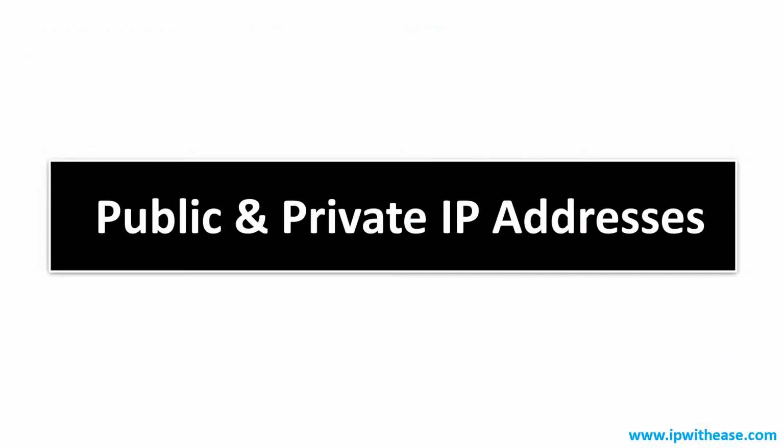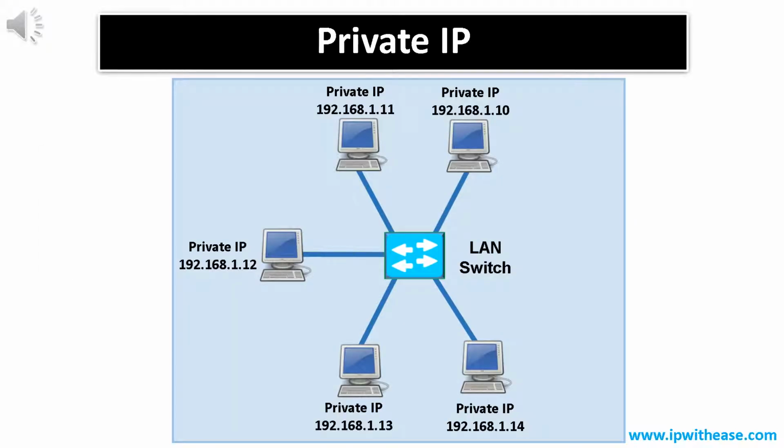In this section, we will understand IP address types, that is, public IP addresses and private IP addresses. Also, what are their differences? In a LAN setup where devices communicate with each other and don't need to go out of the LAN, we use private IP addresses.